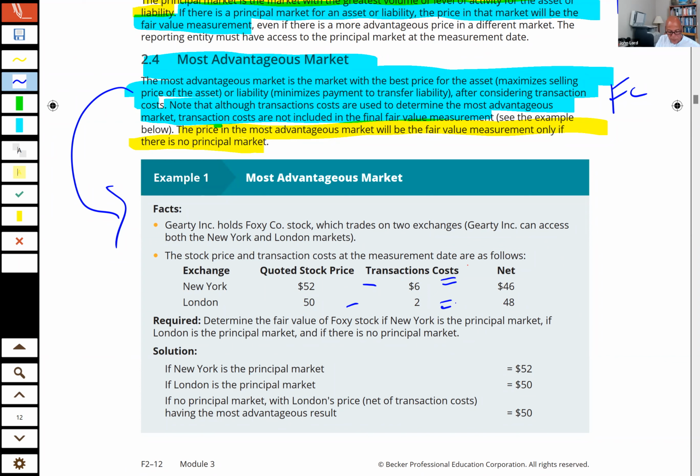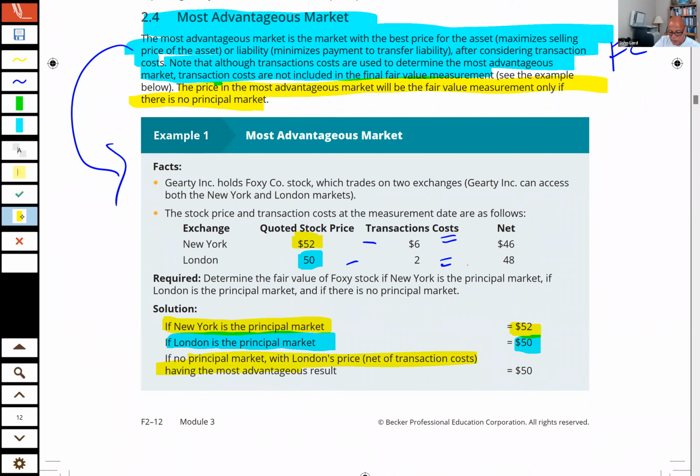Now you look and they say, what should we do here? Notice they tell us that if New York is the principal market, then use the New York price. If London is the principal market, then use the London price. If there is no principal market, then you have to use the most advantageous after considering transaction costs.